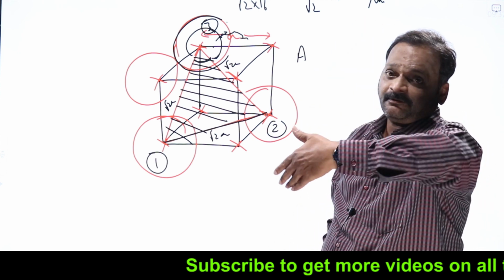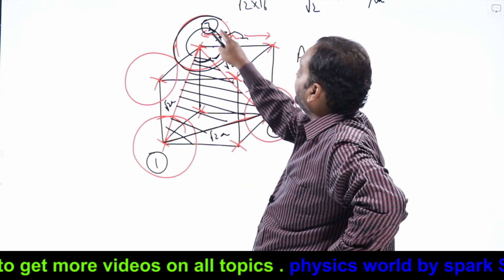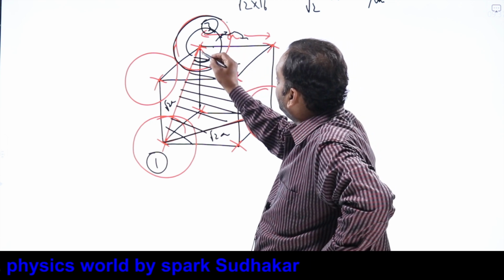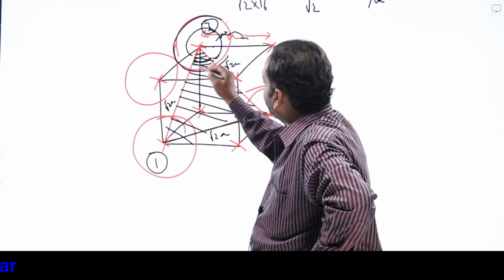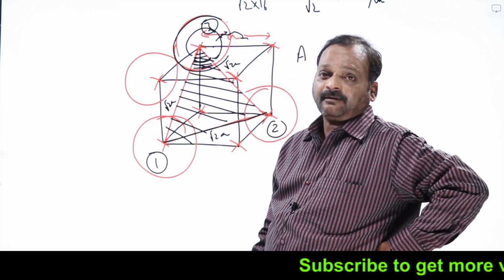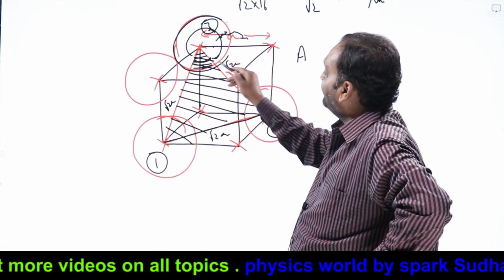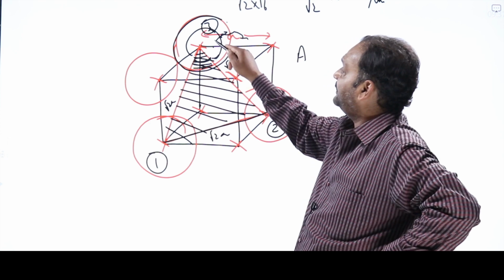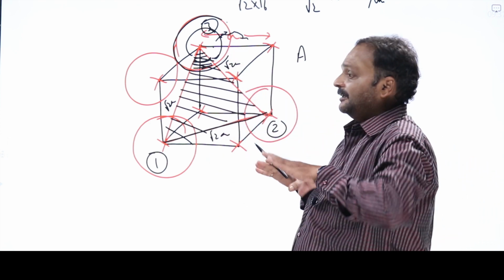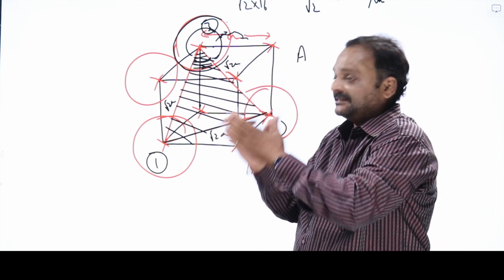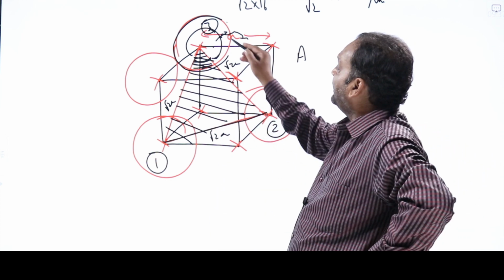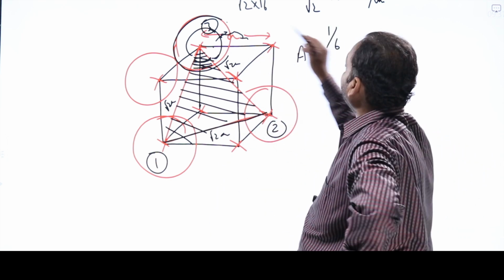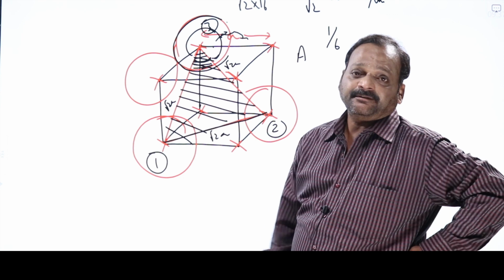It is not our 111 plane, so you have to exclude this area. Only this portion belongs to our unit cell, our 111 plane. How much portion is that? The total area covers 360 degrees, and our 111 plane cuts only 60 degrees from it. So effectively only 1/6 of the area of this atom comes into our unit cell.